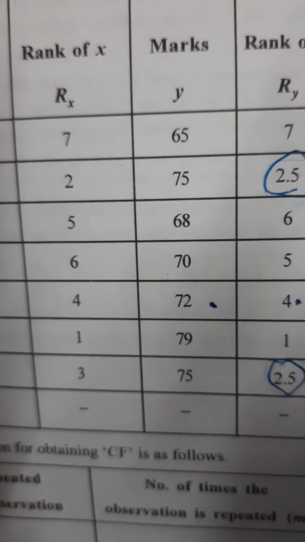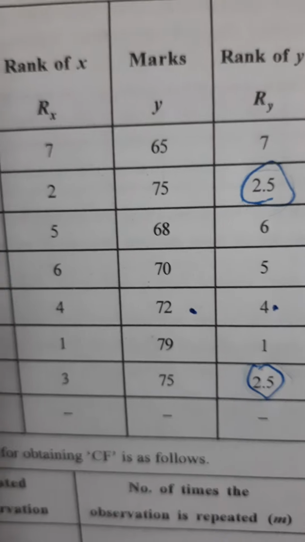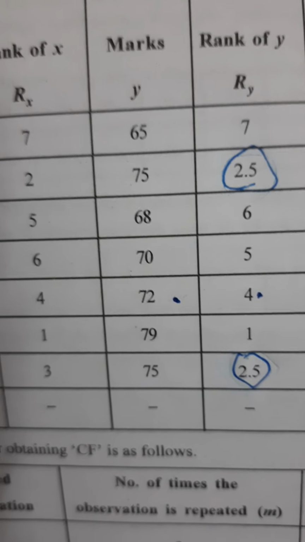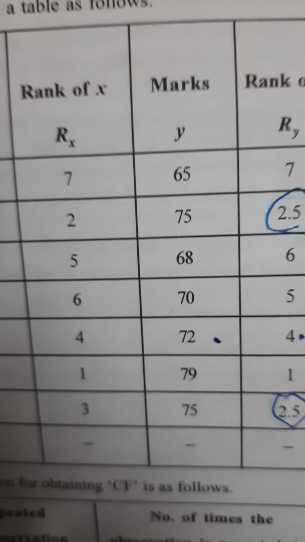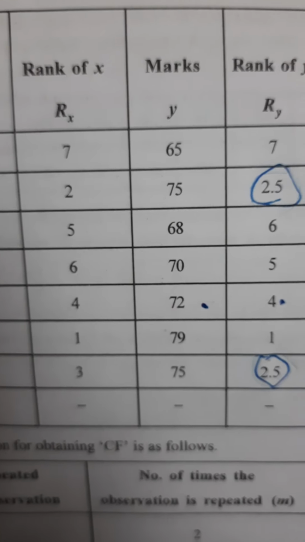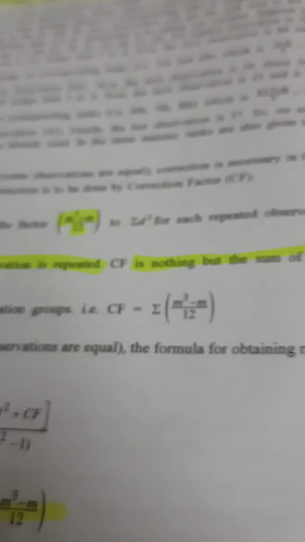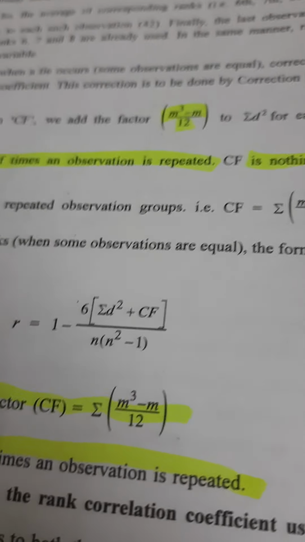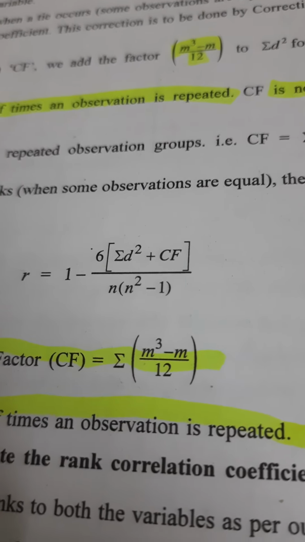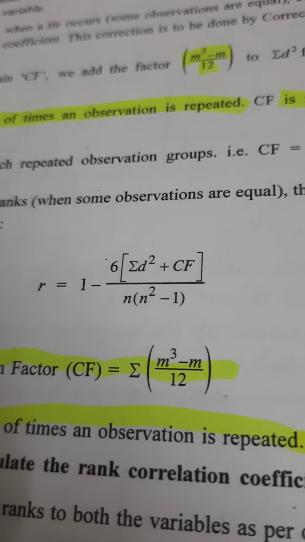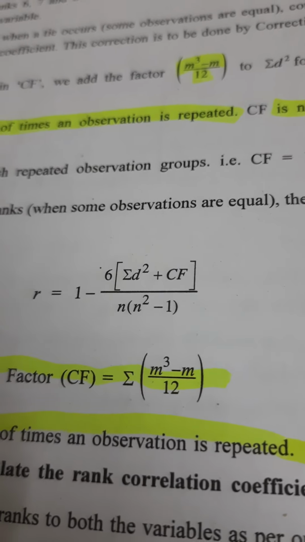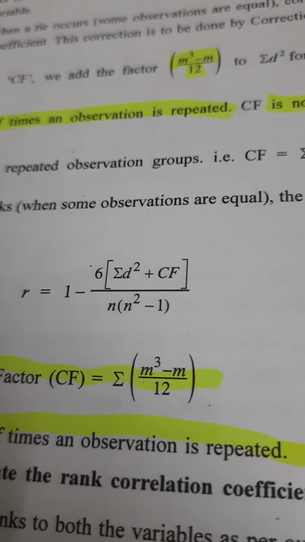This is the meaning of a tie. When the same value is repeated in a variable, we say there is a tie. So when there is a tie, what do we have to do? There is a slight difference in the formula. The formula is R equals 1 minus 6 into sigma d squared plus Cf upon n into n squared minus 1.